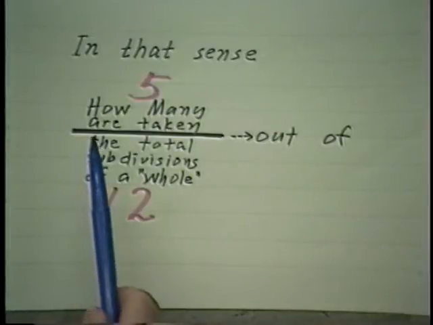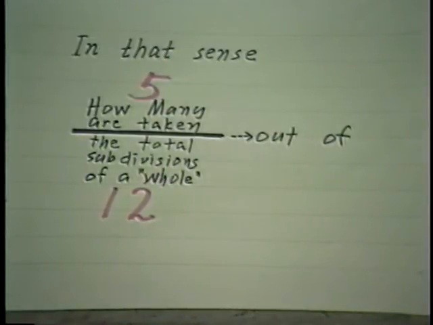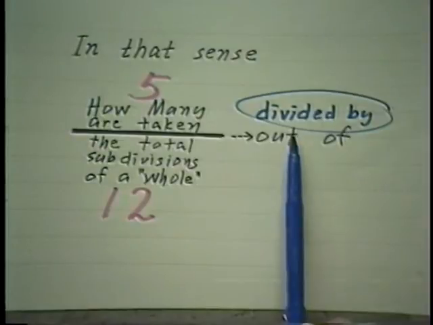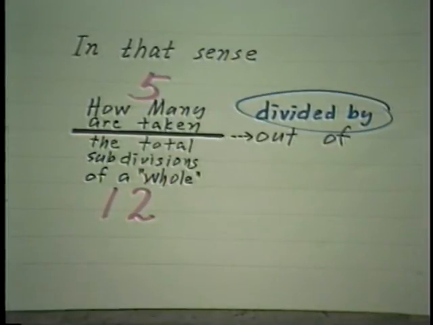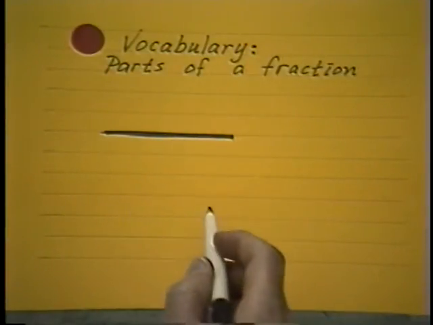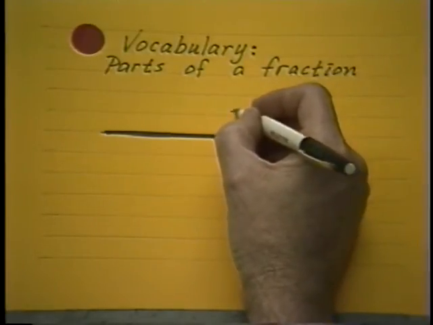Now notice here this fraction bar means out of. In a previous exercise it also meant divided by. And before we're through with this course we'll find about half a dozen more things that this very innocent fraction bar can mean. So this code has 2 whole number parts.